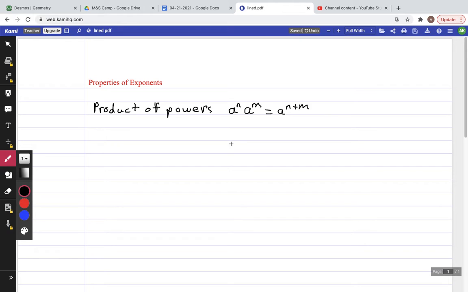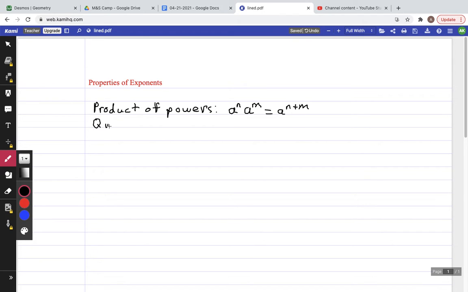And this gives a quick method for finding the square roots and cubed roots as well, which we'll discuss a little bit later in the video.